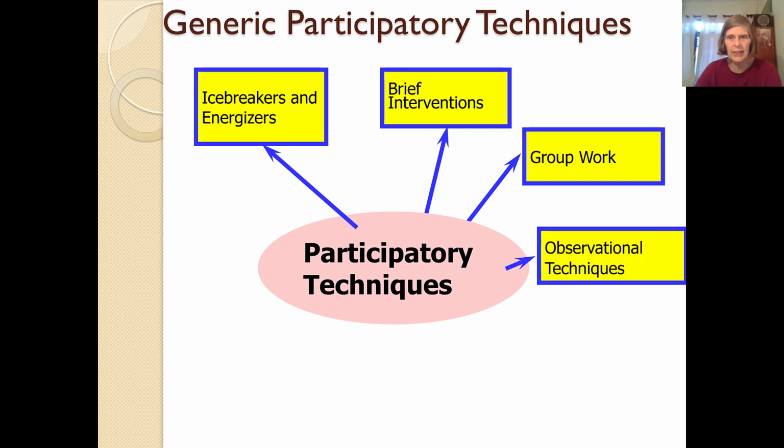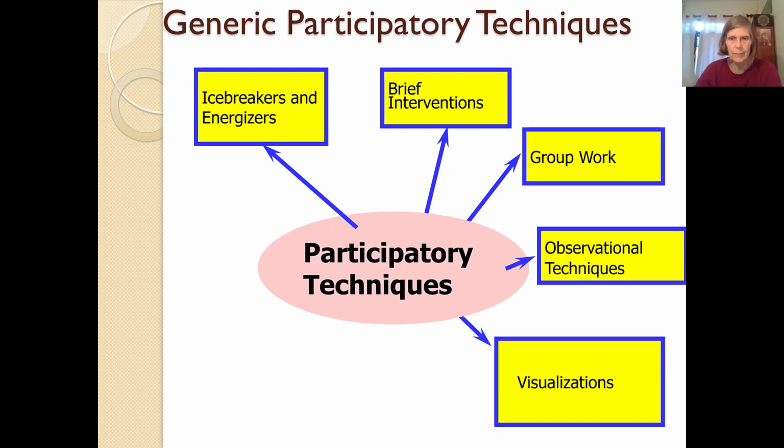Another interesting type of techniques are observational techniques. In an observational technique, we form the participants into small groups in which 1 or 2 practice what they have learned while the others observe and then give feedback. Then the participants change roles and those who are observing have the opportunity to practice.